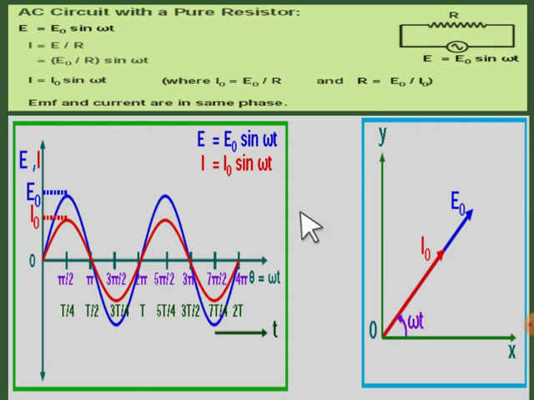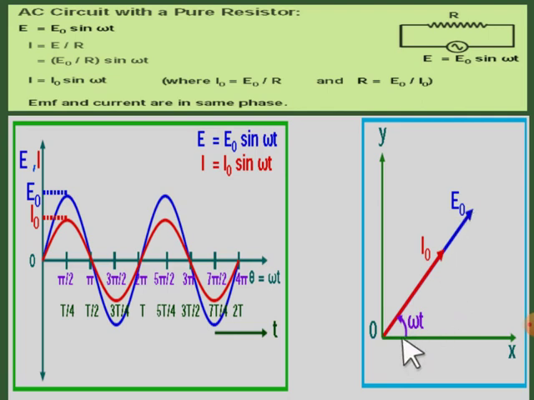But as I told you, in the case of an AC circuit containing a pure resistor, the instantaneous EMF and instantaneous current are in phase. So their peak values will also have the same phase. That means they are lying along the same line.